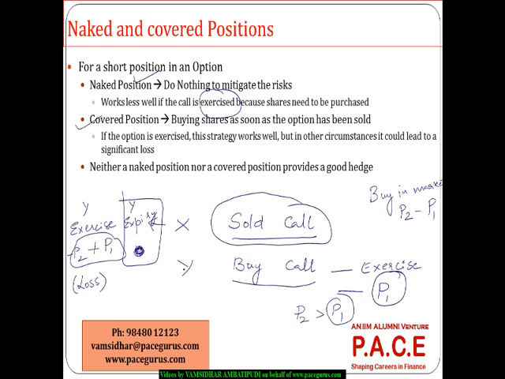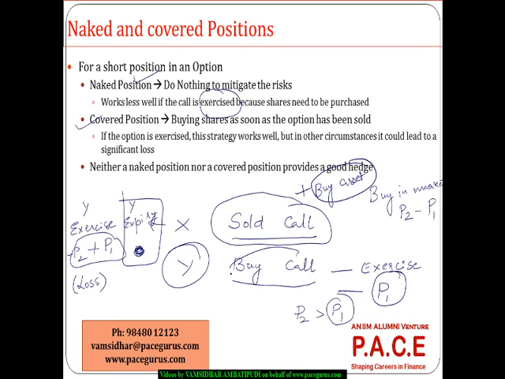But on the other side, let's say I go with a covered position. When I say covered position, because I have sold a call, there might be a possibility that Y may exercise this call. So I may have to sell him the asset. So it's always better, let me buy the underlying asset along with selling the call option.